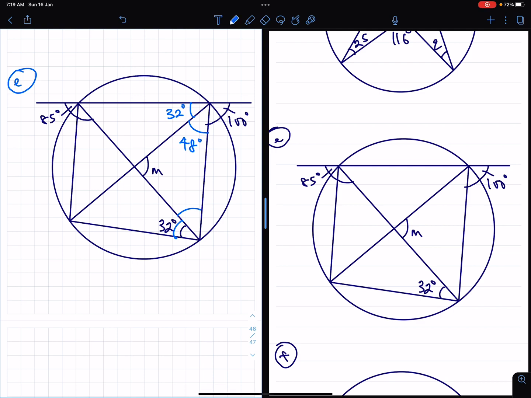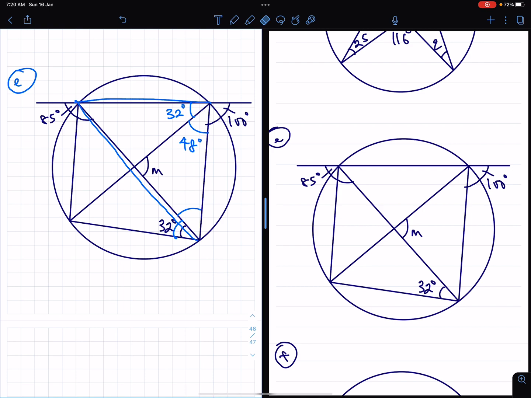This angle, 85 degrees, is an exterior angle to this triangle, and we can see that. So it is equal to the sum of opposite interior angles. Or do I even need to do that?